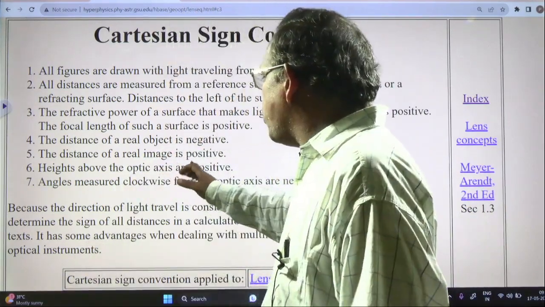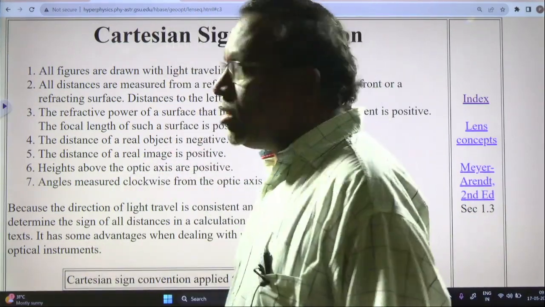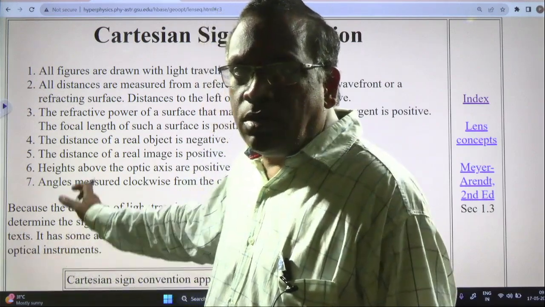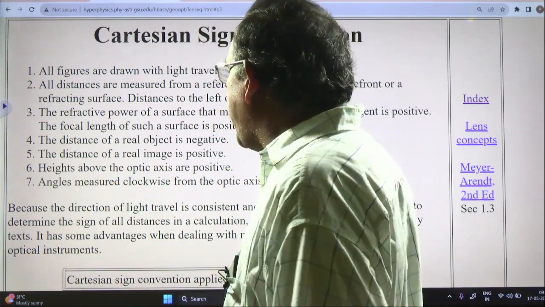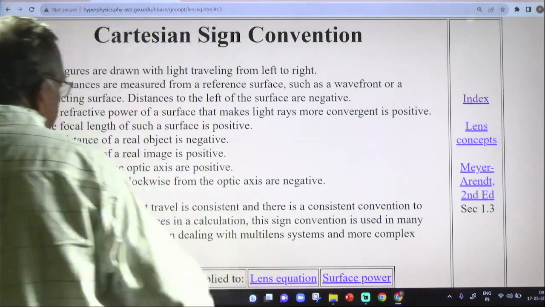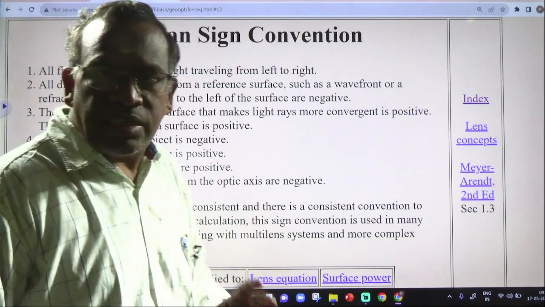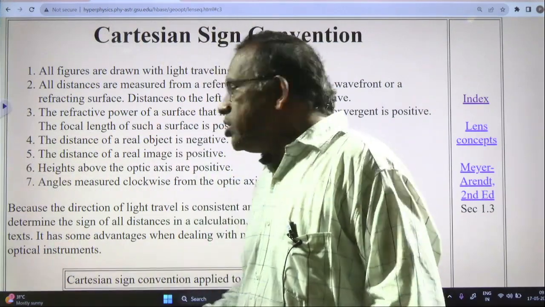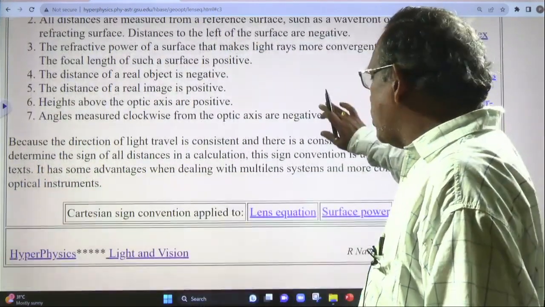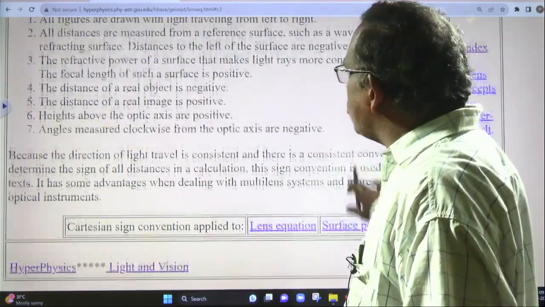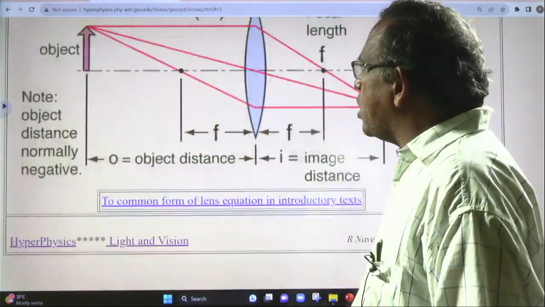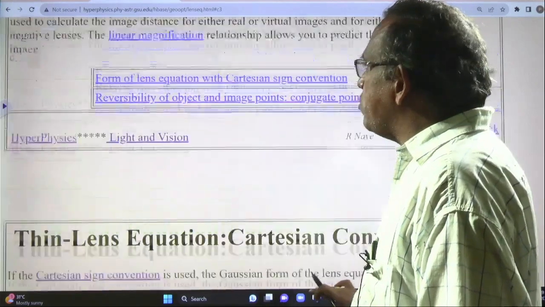The distance of a real image is positive. Heights above the optic axis are positive. Heights below the optic axis are negative. You should take these sign conventions very carefully and apply them. For lenses also, the same type of sign conventions will be there.